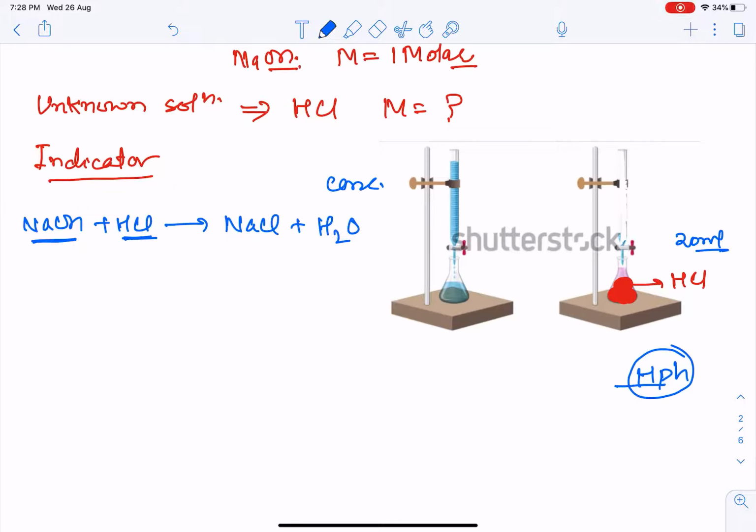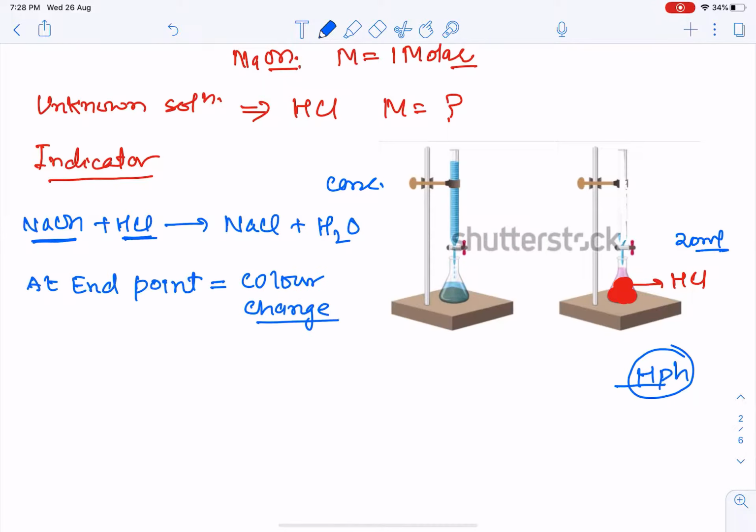So at the end point, what is the end point? Where you will end the reaction, where we get the color change. Whenever we get the color change, that point is known as the end point, right? In this case, the end point will come after the equivalence point.